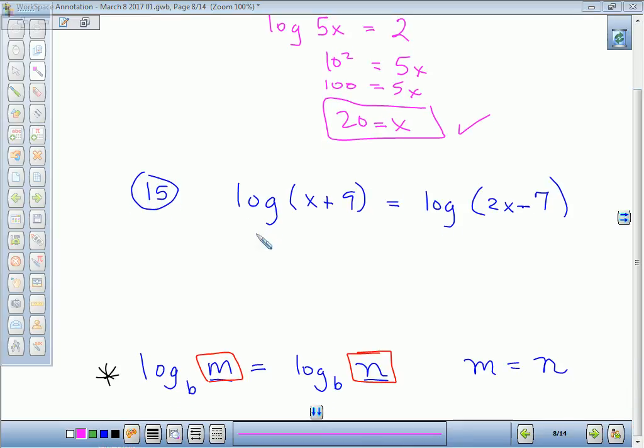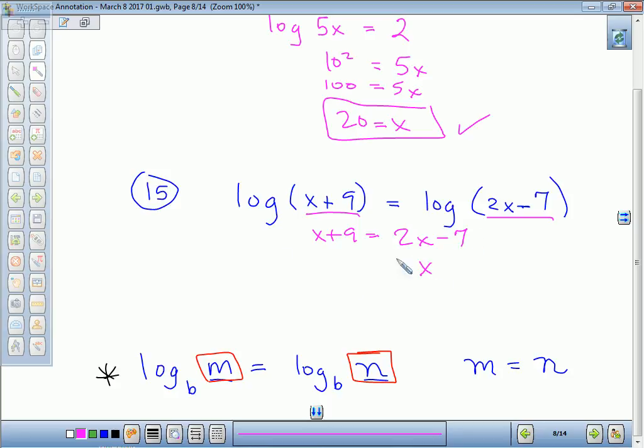Okay. Now the next one. This one doesn't have logs on one side. It actually has logs on both sides. And the only way we can have a log of a base of an answer equal to a log of a base of an answer is if this part actually equals that part. So all you have to do is say x plus 9 equals 2x minus 7.